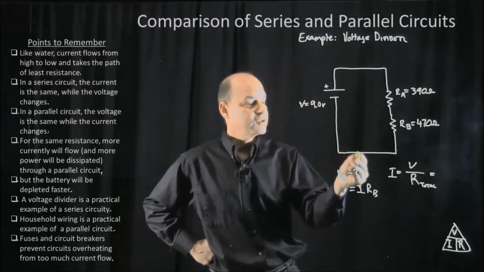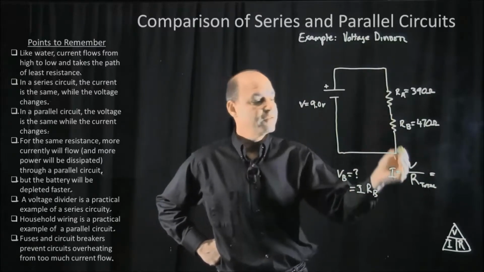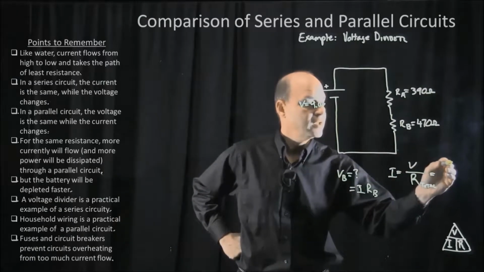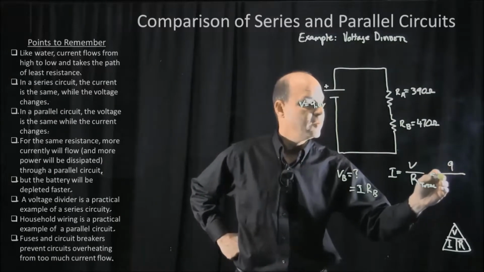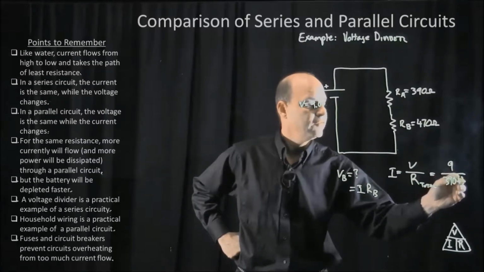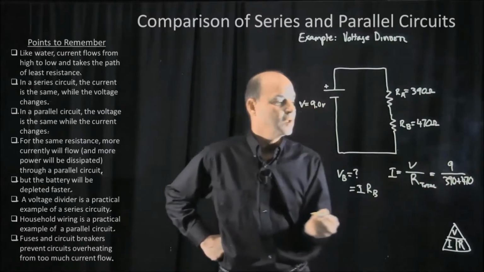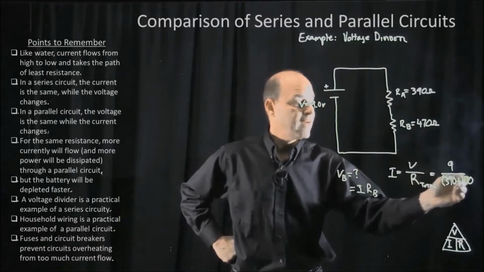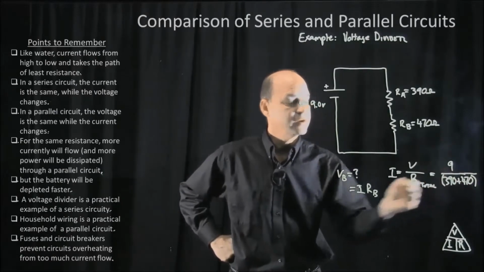Remember, in a series circuit, R total is simply the sum of the resistances. So let me plug in some numbers here. It's going to be 9 volts divided by 390 plus 470. Order of operations here: make sure you put big fat parentheses around the denominator.